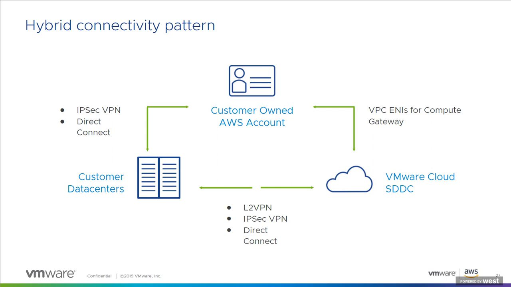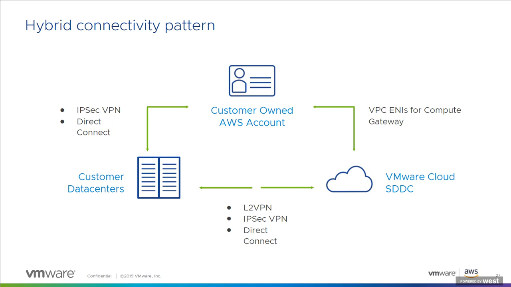So with hybrid connectivity, you've got several options. For example, if you're going from your customer's on-premises data center to your AWS account, you can set up an IPsec VPN, and you can also utilize Direct Connect for that. If you're going between your on-premises data center and your VMware Cloud SDDC, you have the option to leverage, once again, an IPsec VPN.